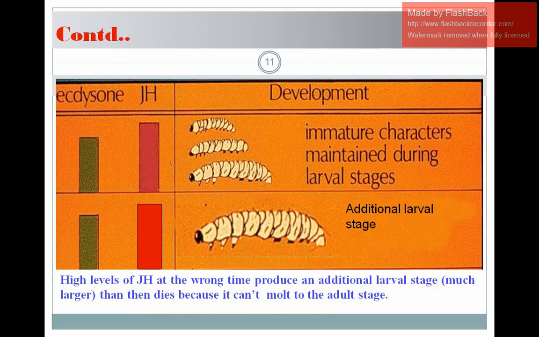See the concentration of juvenile hormone. In the larval state, it is higher, it's fine. But after the larval state, it should move to the pupa. But look at the concentration of juvenile hormone. It's very high, and it leads to some additional larval stage. That means ultimately this particular larva is going to die.